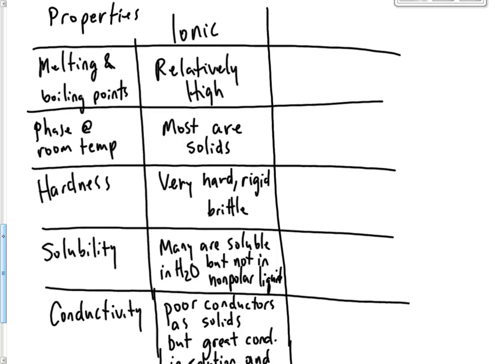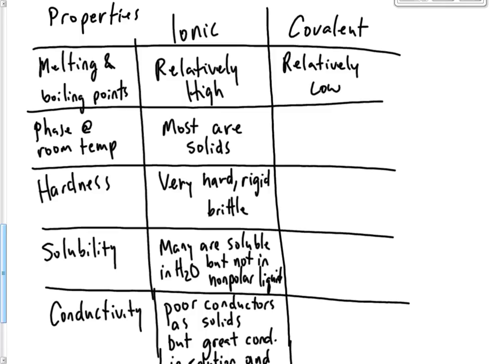So let's talk about covalent. If you can imagine, they're obviously different types of bonds, so they're going to have different properties, probably opposite. Covalent compounds, or covalent molecules, have low melting points.